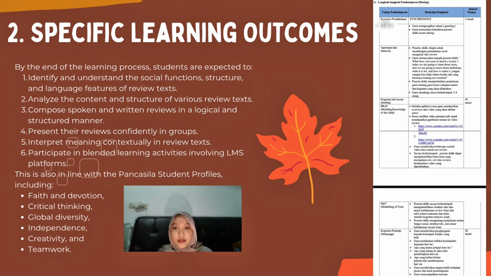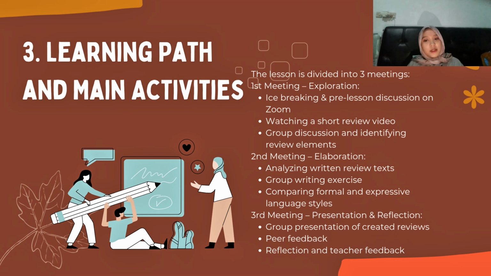The fifth, interpret meaning contextually in review text. The sixth, participate in blended learning activities involving LMS platforms. This is also in line with the Pancasila student profiles, including faith and devotion, critical thinking, global diversity, independence, creativity, and teamwork.